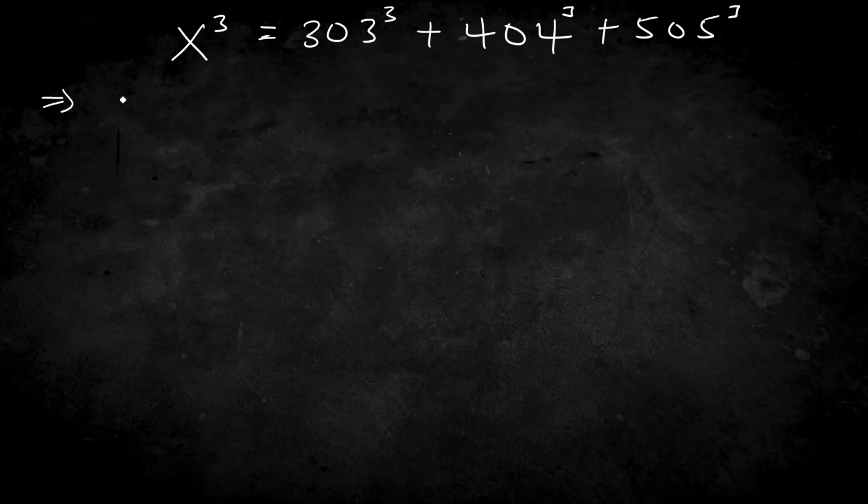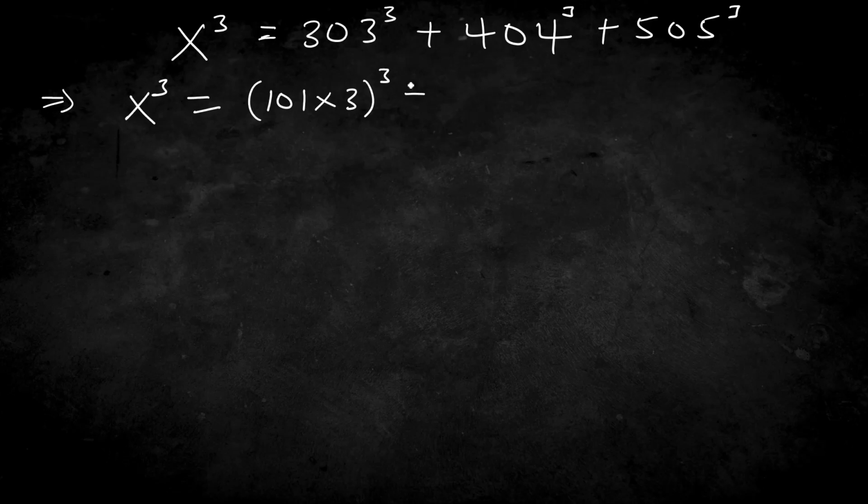So this side will be x cubed. Let's go ahead and write 303 as 101 times 3, all to the power 3. 101 times 3 is 303, so I have done nothing.